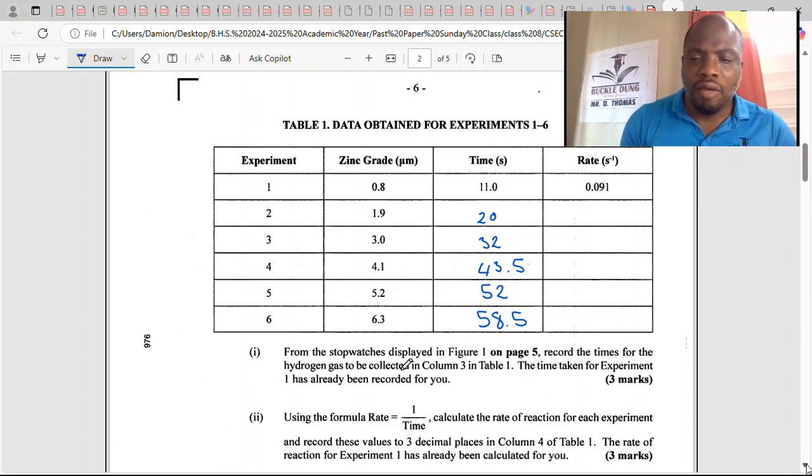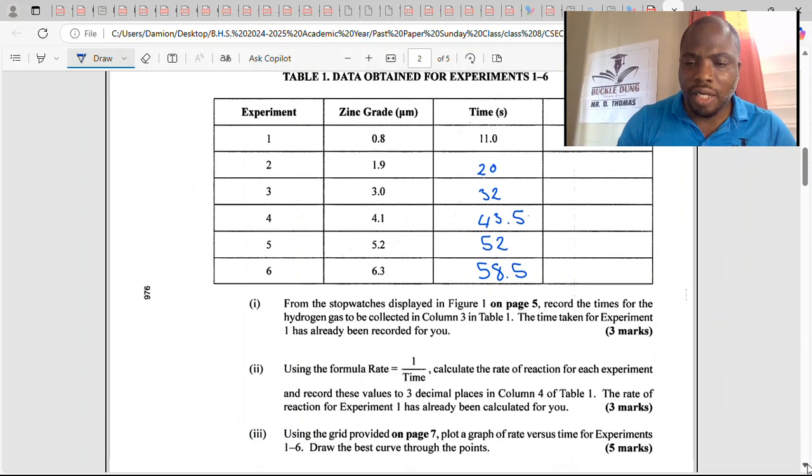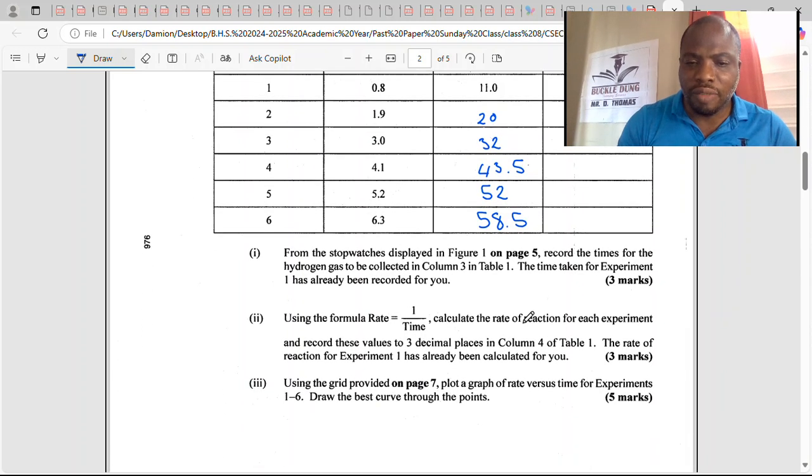But it's 6 marks again, using your formula, rate equals 1 over time. Calculate the rate of the reaction for each experiment and record these values to 3 decimal places. Very important, they're giving you specifics. Work with it. In column 4, the rate of the reaction for experiment 1 has already been done for you.